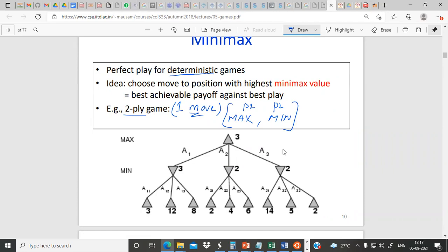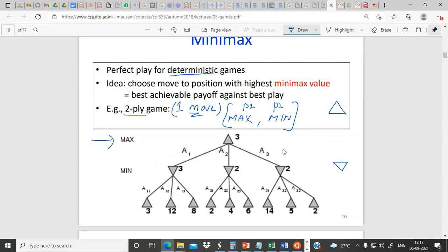Initially, it is player one's move, and player one wants to maximize. Maximization is represented using the triangle, and minimization is represented using the inverted triangle. Whenever it's maximizing, player one will always look for the child with maximum score. Here the score is given.